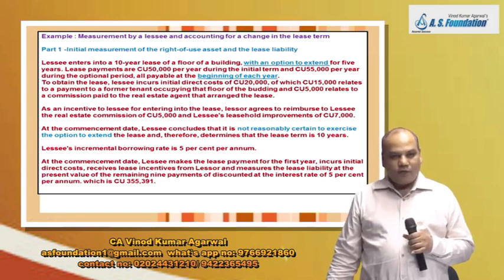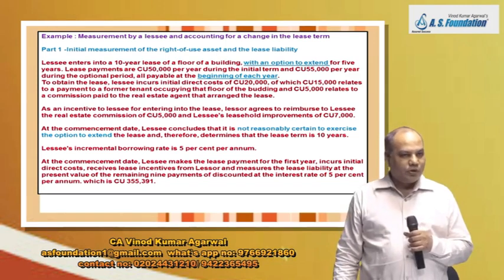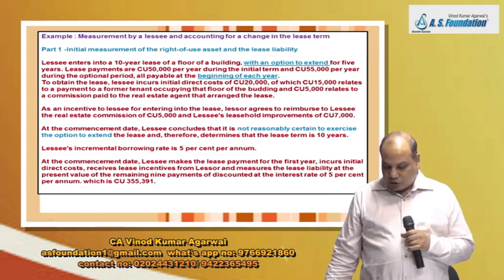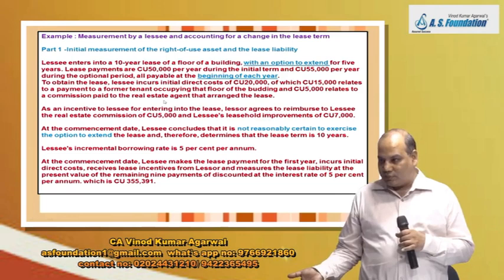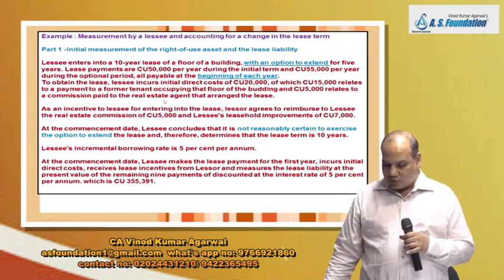Both will qualify for initial direct cost, because these costs are incurred in the process of securing the lease, and would not have been incurred had you not entered into a lease transaction, correct? So this is called initial direct cost. That also I will add.